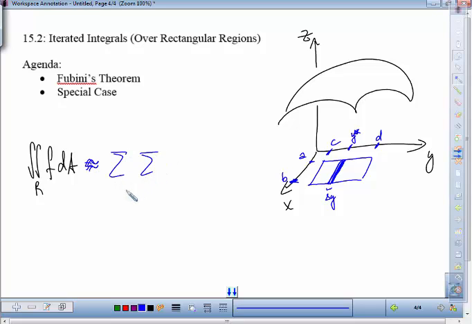Okay. j goes from 1 to m delta y, and then I'll take this in a different color.